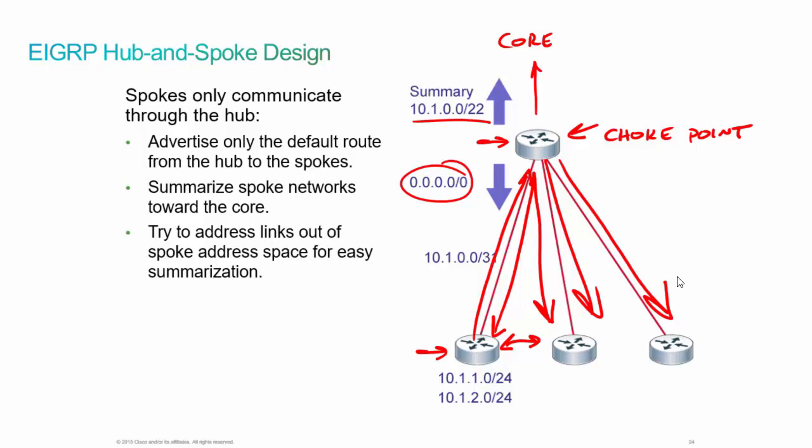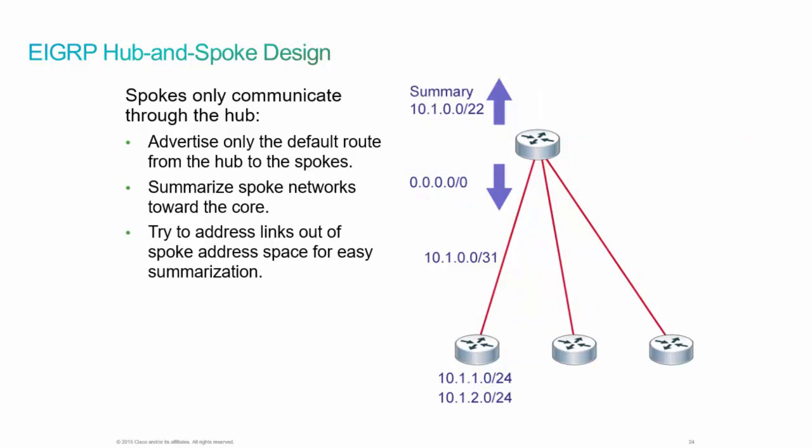Now, what are we talking about here with a /31 address space? Well, it's actually pretty easy. So you can see right here, we're going to use the 10.100/31 address space. If we were to look up RFC 3021, it describes how to use those /31s. Easiest way to explain it.